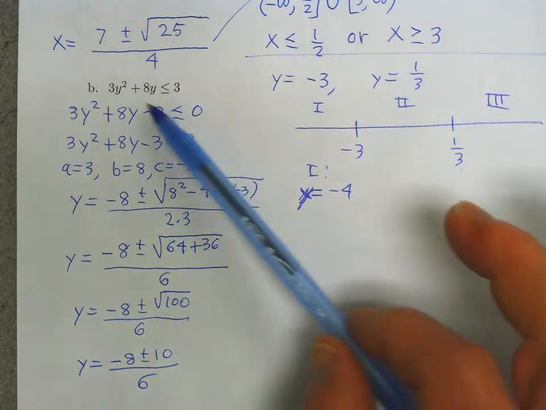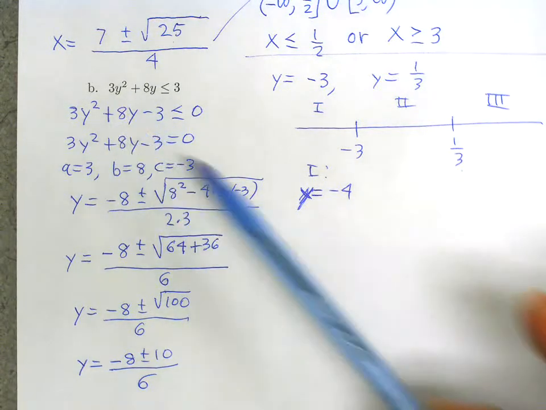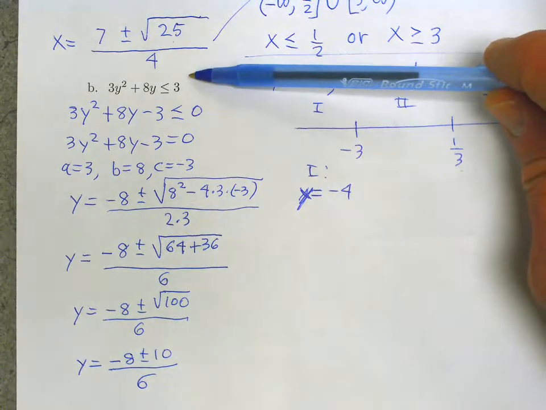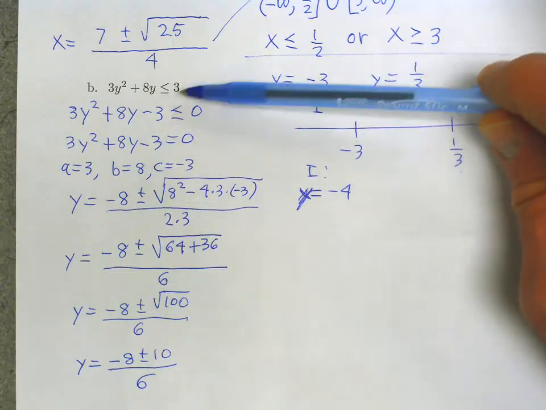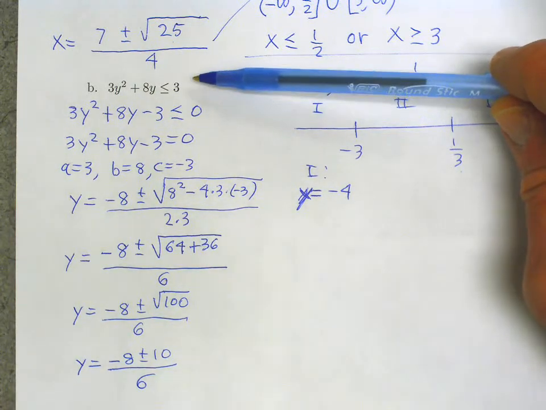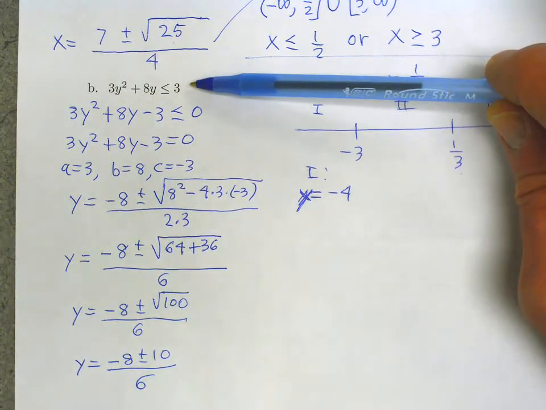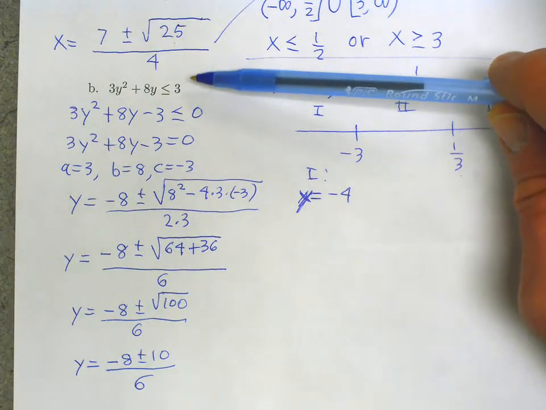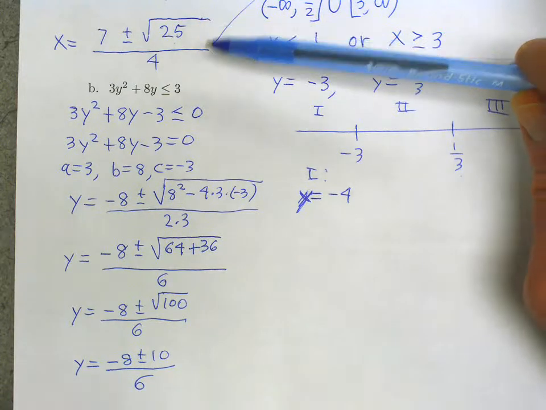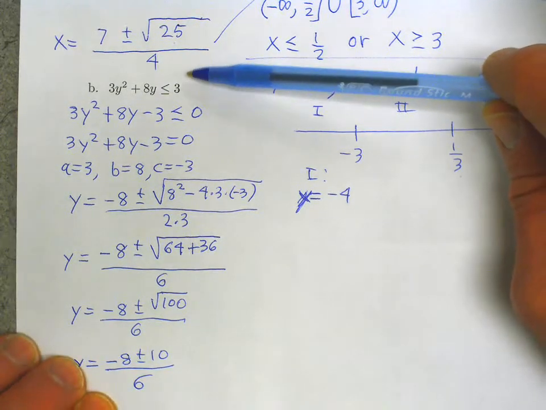So in the inequality, replace every y with -4. You can use either of those two inequalities when testing. It works the same either way. You're just looking for a true or a false inequality. Okay, so I'll just use the top one.